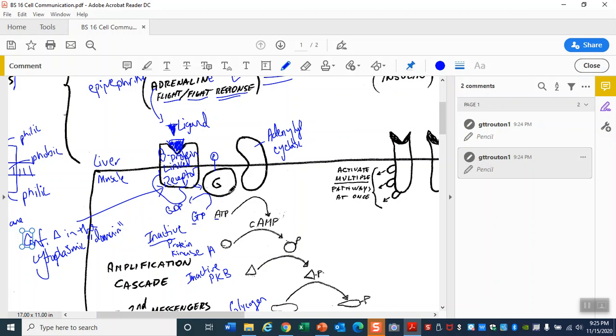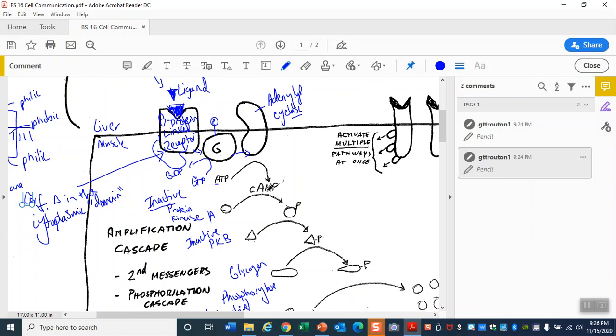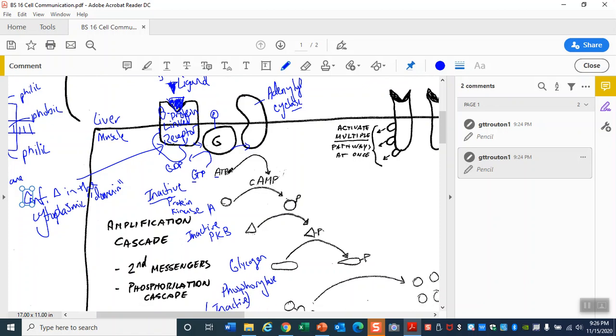This G protein is now going to hit, because it's active now, adjacent adenylyl cyclases, right? Adenylyl cyclase is going to catalyze the reaction that follows. ATP is going to get converted to cyclic AMP.